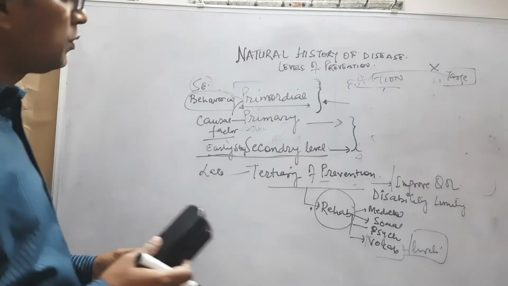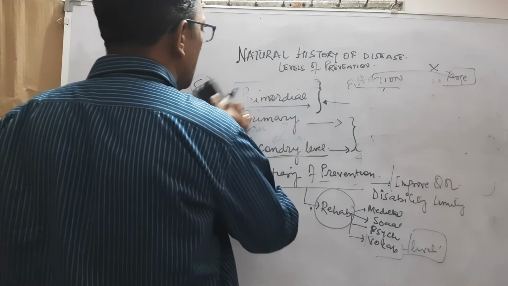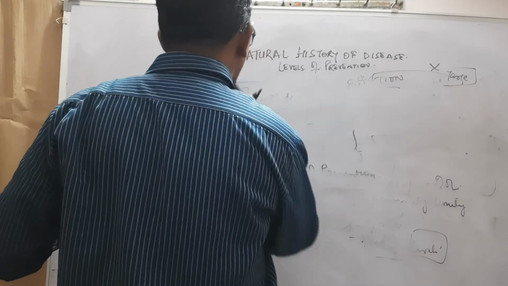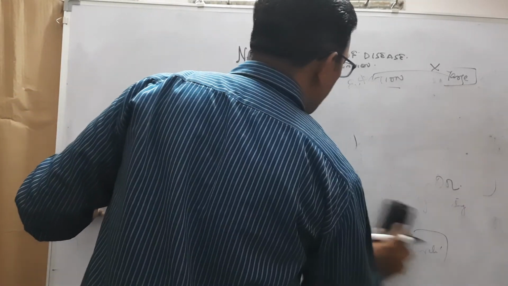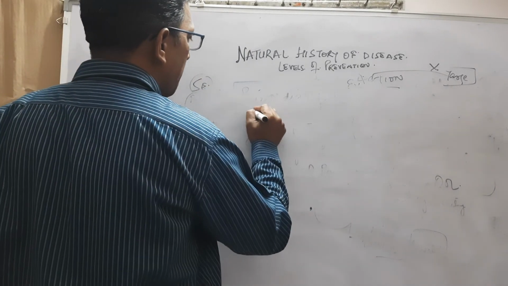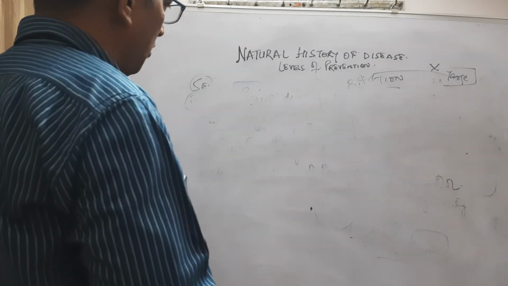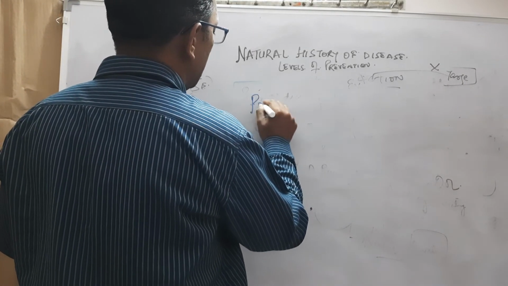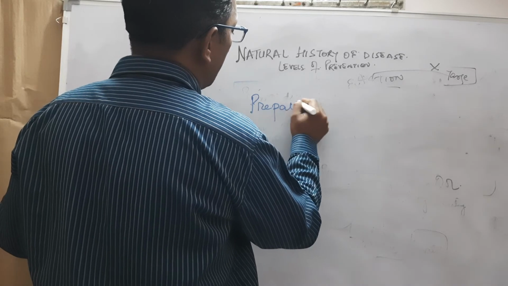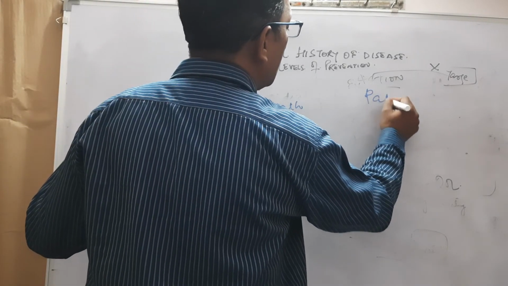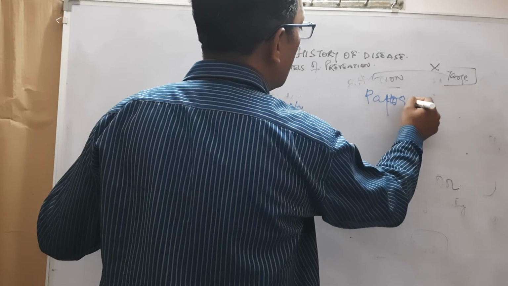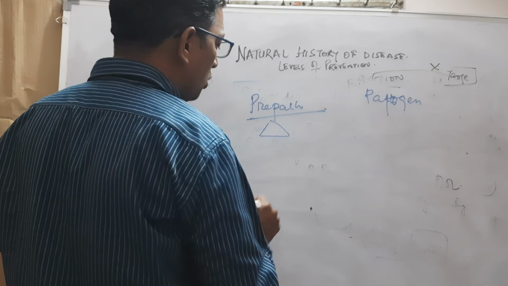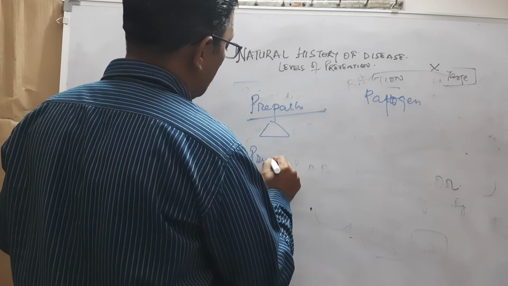Now we have already talked about the natural history of disease, and I say the pre-pathogenic phase and the pathogenic phase. In the pre-pathogenic phase, because the interaction is beginning, there is only the primary level of prevention.